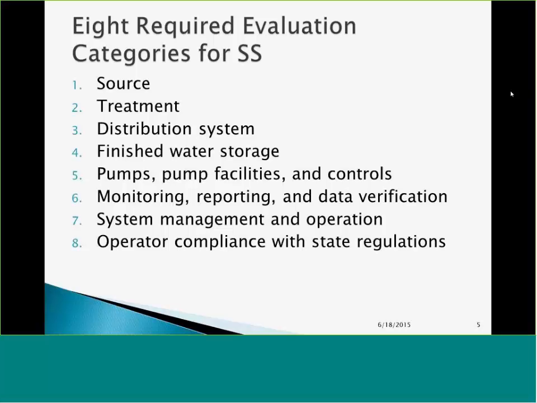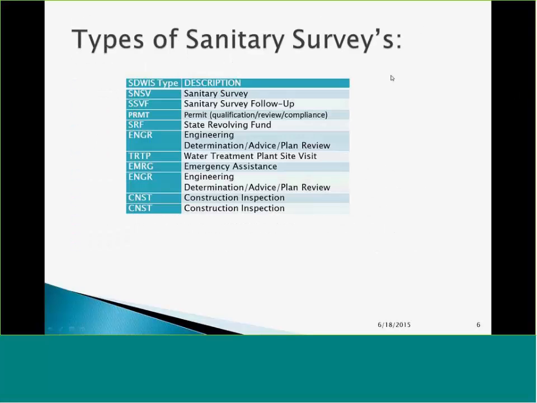Number 6, monitor reporting and data verification, system management and operation, and operator compliance with state regulations. Those are the 8 categories that are required for a sanitary survey. These are the types of sanitary surveys that we have in SDWIS. So you can see here there's not just one.